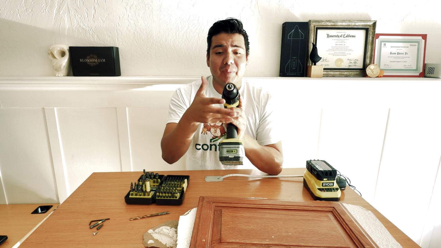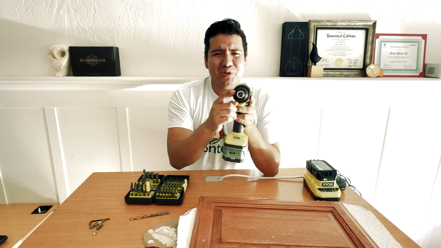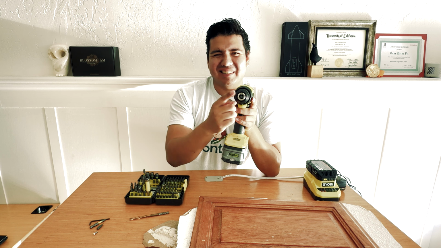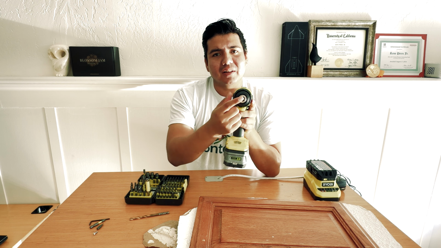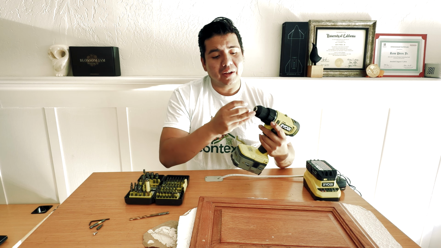The other thing that we need to know about the drills is that in order to change the bit, there's always going to be lettering in the front of the chuck, and this is called a chuck. One way unlocks the mechanism and you're able to change the bit on the other end.